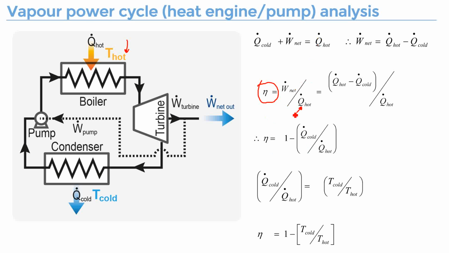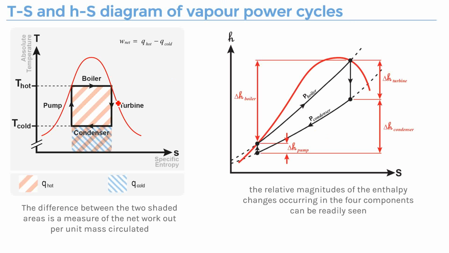That's the form we want the equations to look like. If you manipulate this with the energy balance, you can get the efficiency of this cycle expressed as 1 minus Q cold divided by Q hot. And from a TS diagram, you know that Q cold is the area covered by this curve, and Q hot is covered by this Q hot area.